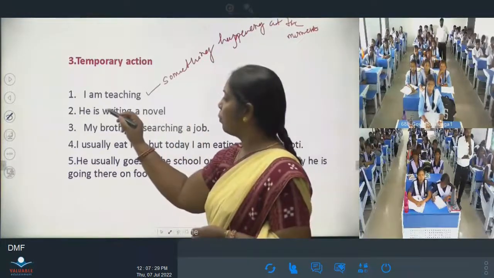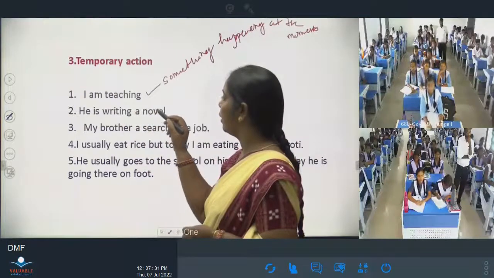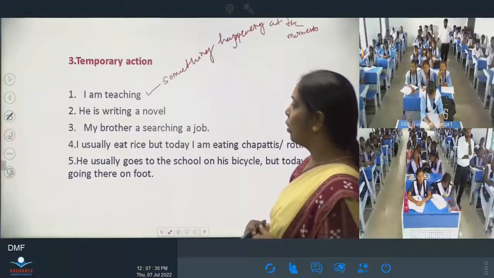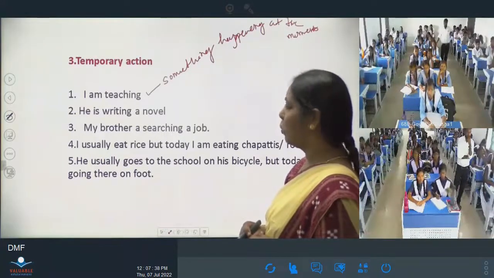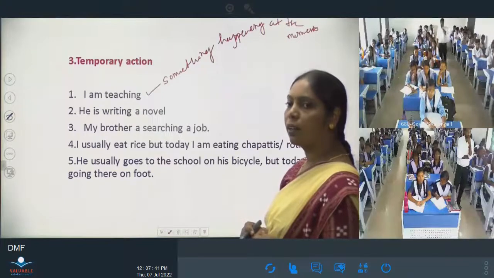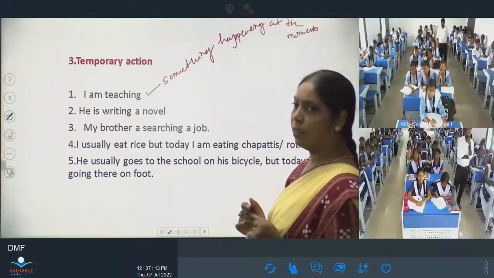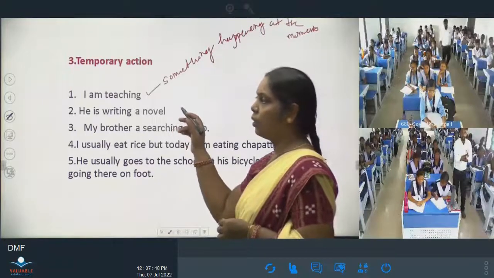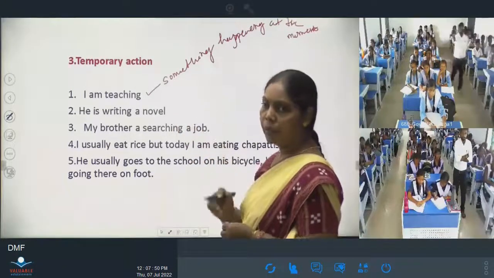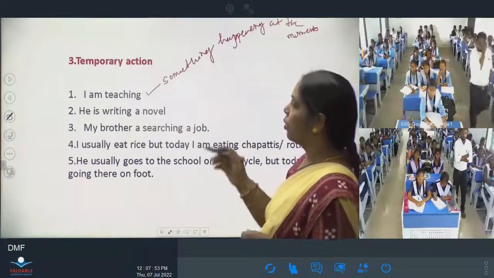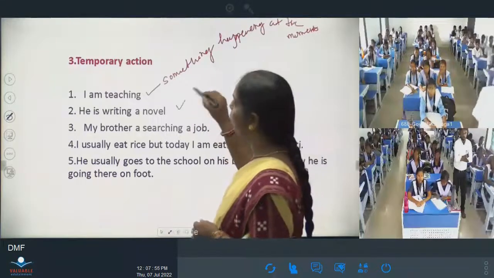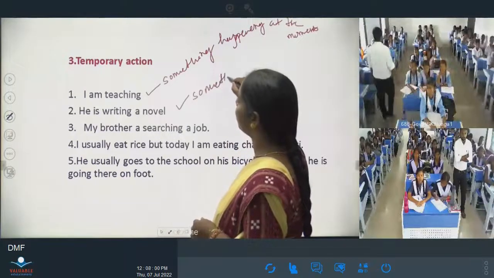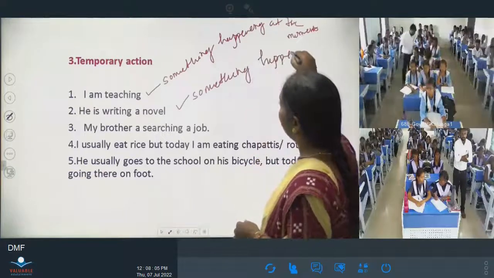Then another example is, he is writing a novel. So novel writing is not a work of one day. You can't write a novel in a single day. This work will go on over a period of time. So this is the example of something happening over a period of time.